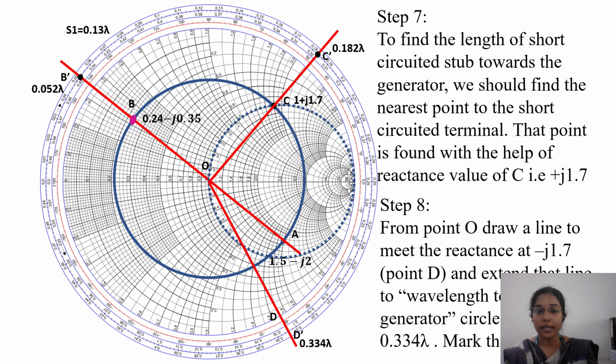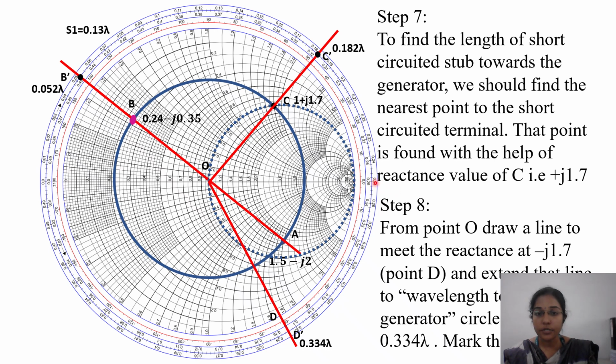So next I have to find out the length of my stub. For that I'll be considering this value. You have to take this C point and find its conjugate of the imaginary part, which is 1.7. So here that point is calculated over here, minus j 1.7. With that value I am drawing another line.